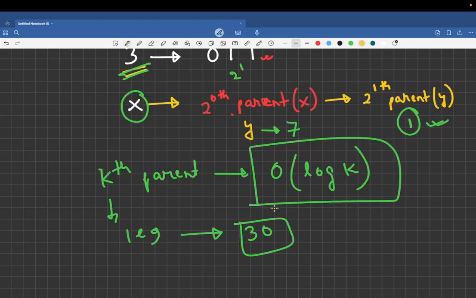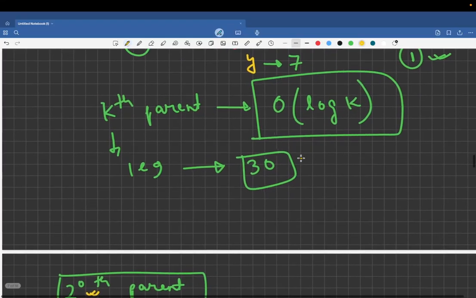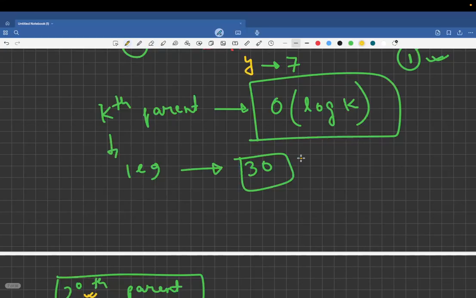But for now, just understand what binary lifting is, how we pre-compute 2 power jth parent, and how we use those 2 power jth parent values to compute the kth parent of any node in just big O of log k time. I hope the solution is clear to each and every one of you. Let's go through the code and you will be able to understand it better.